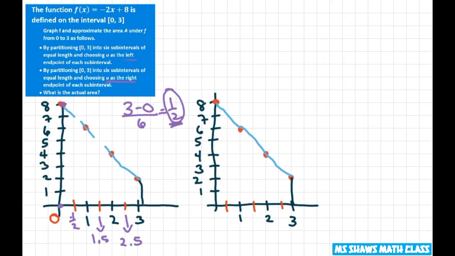Now, you go up to 8 from the 0, then go over to 1/2 and draw down to that. Then you go to 1, draw down, go to 1.5, draw down, and you keep going like that to get your 6 intervals.